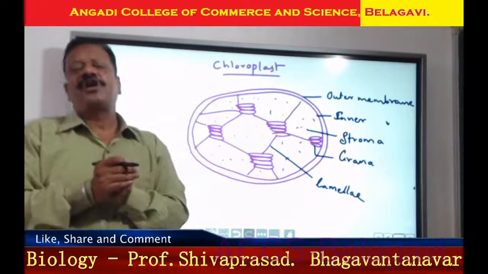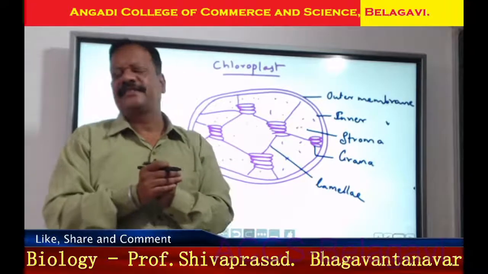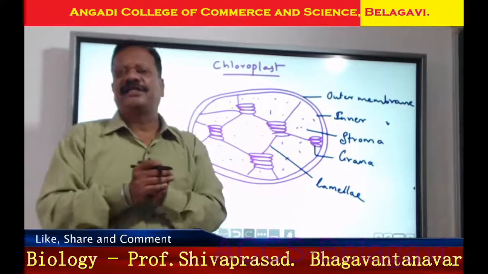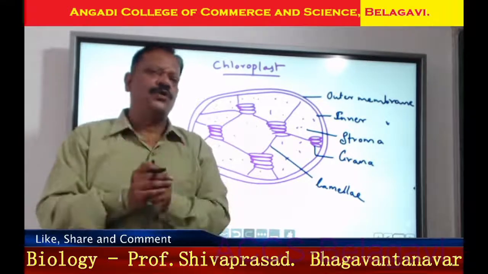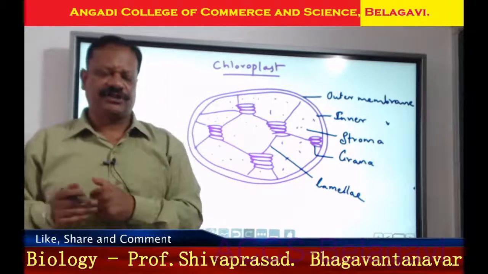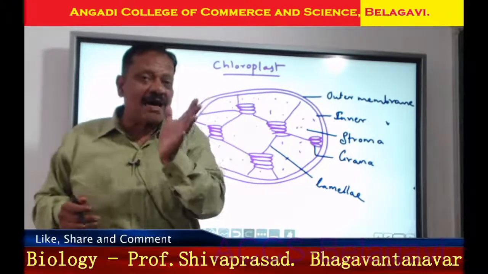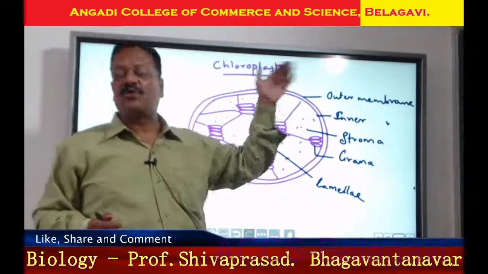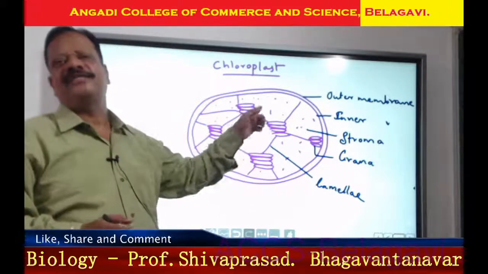It is the formation of food by using raw materials in nature, where solar energy or radiant energy is converted into chemical energy. That is, sunlight is converted into carbohydrates. This process is called photosynthesis. That photosynthesis takes place by means of the chloroplast.